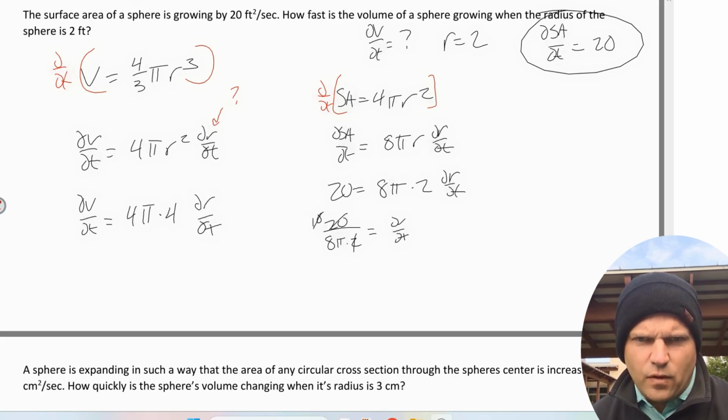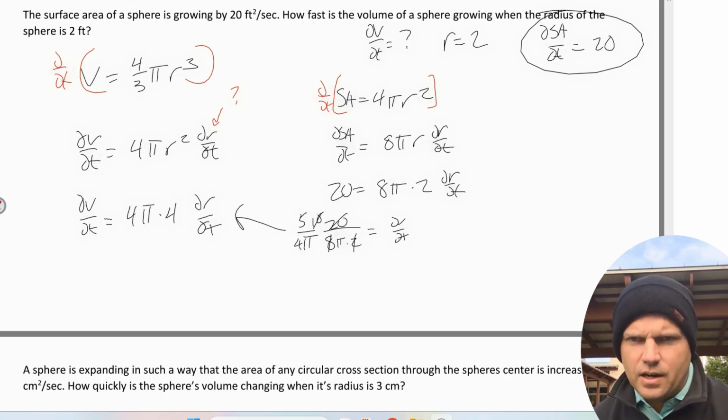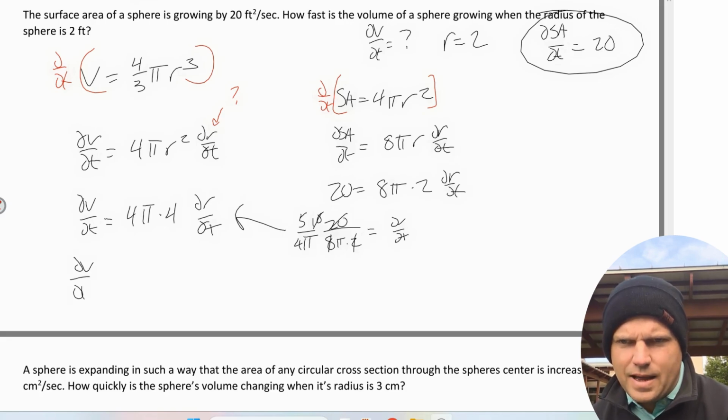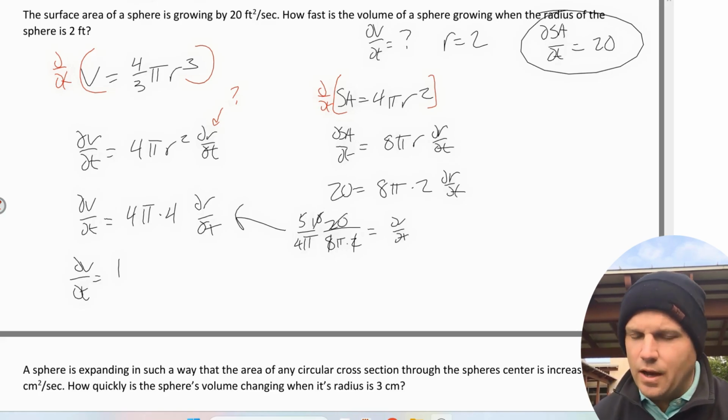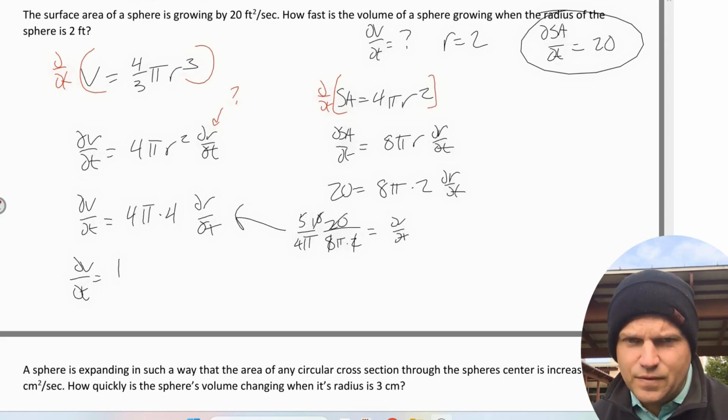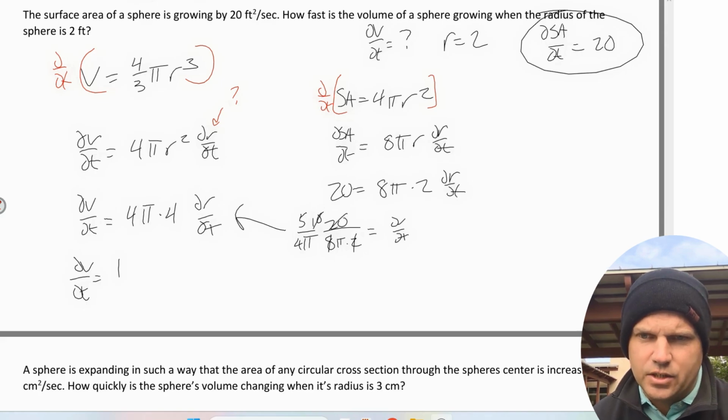Turn this into 5 over 4 pi. Substitute that in there. Of course, if you didn't do that, it's fine. It's just a different strategy of simplifying fractions, which is necessary for multiple choice, but not necessary for free response. Free response, guys, leave your things unsimplified, and if it's correct, it's correct.